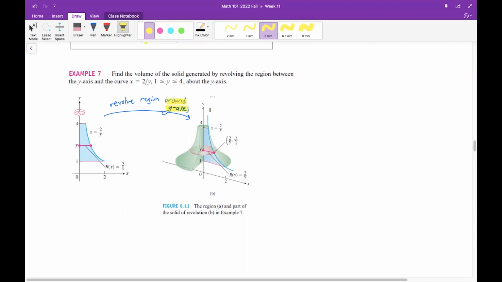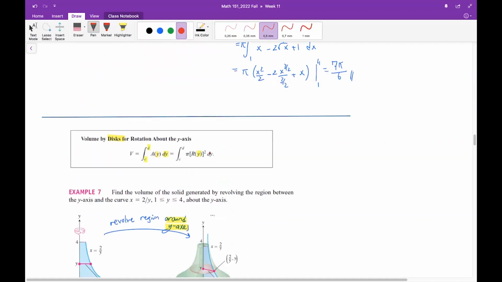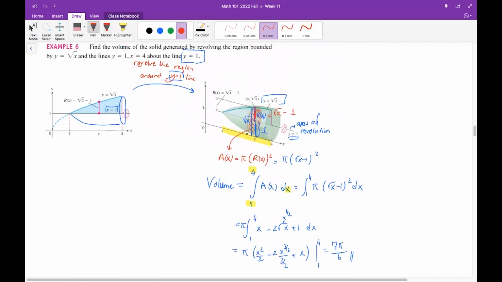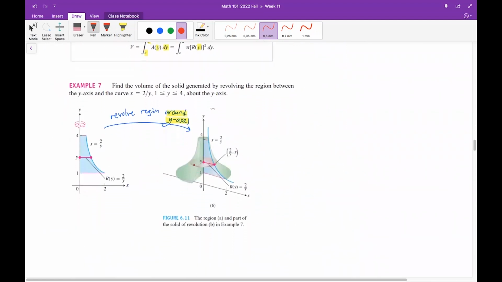This is the crucial difference now. That's why you will obtain something like this, and the cross sections are not vertical as in the previous example. You see here the cross sections are vertical discs, but now you slice your three-dimensional object horizontally. That's why the cross sections look like this now, horizontal discs.